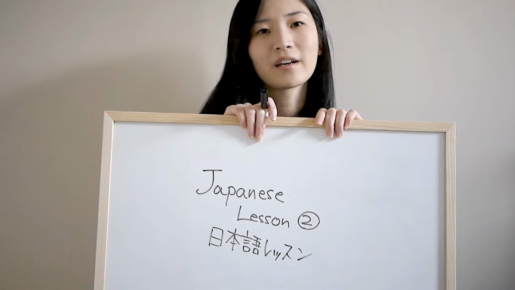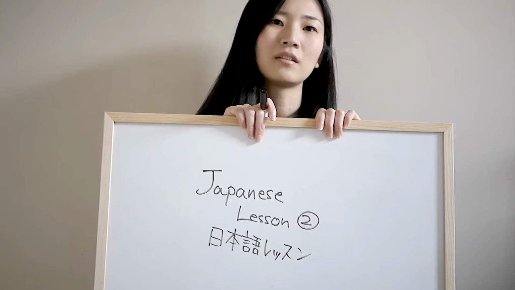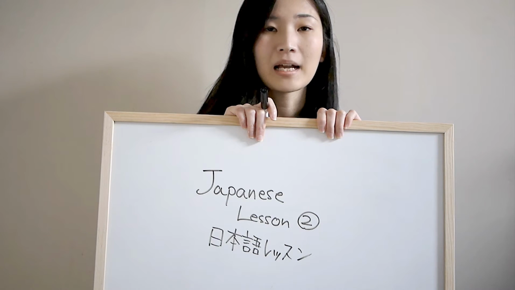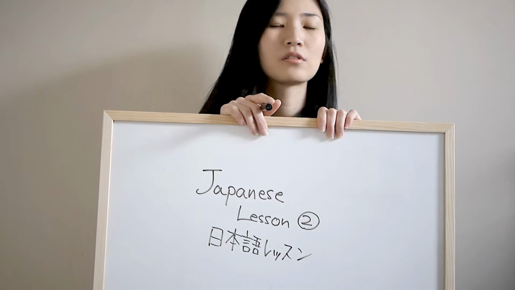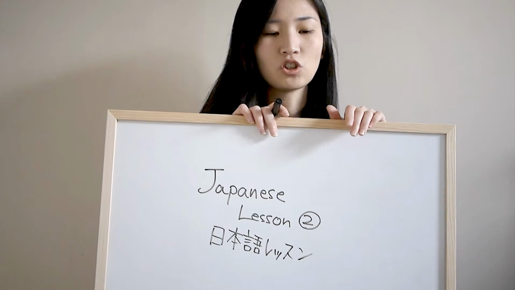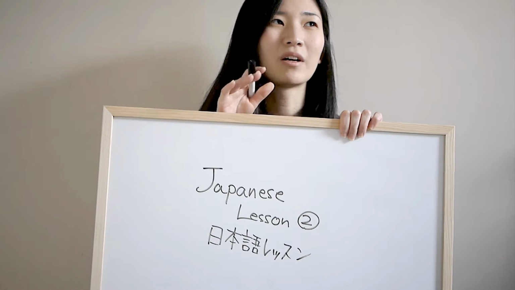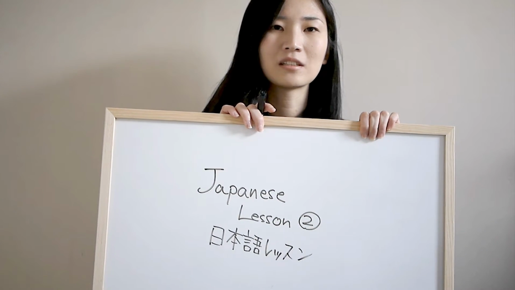If you're from another country, except China, you would write your name in katakana. Kanji is used for other things like nouns and verbs, but we mix kanji and hiragana. Katakana is the one that's used less. Anyway, we use those three together in one sentence.